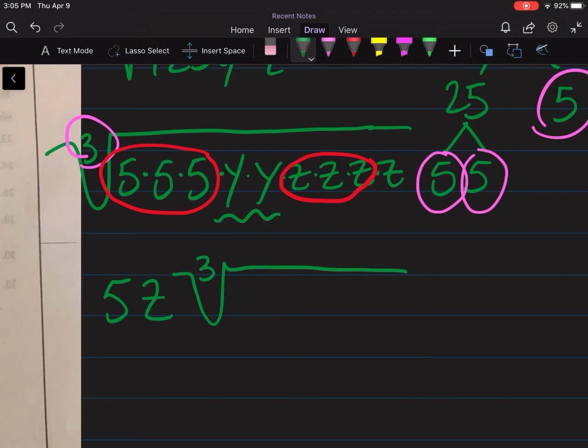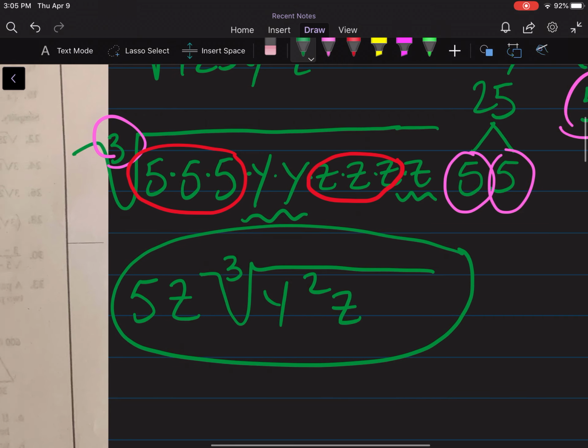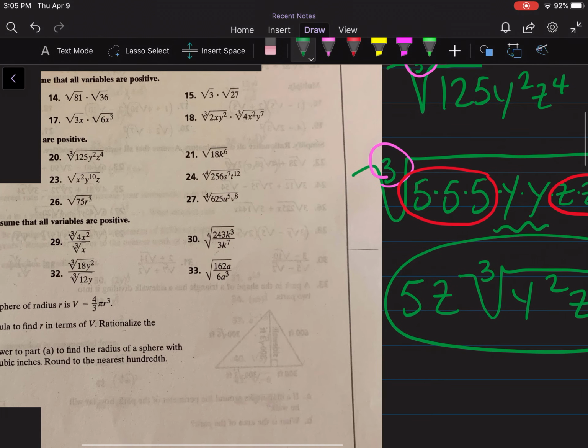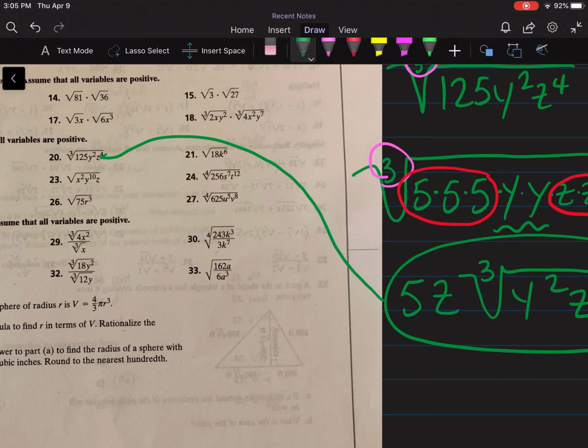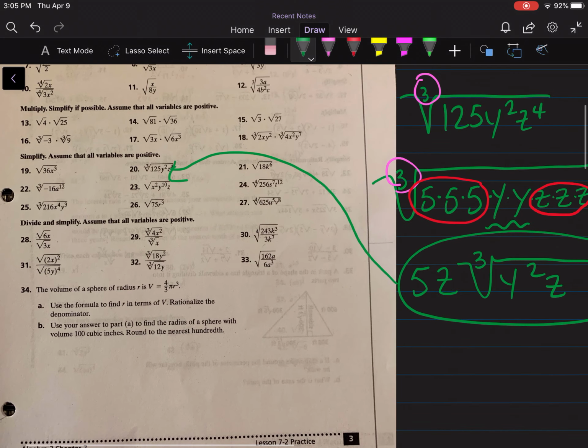So I have 2 Ys left, so I'm going to do Y squared. And I have 1 Z left, and that is my 1 Z. So that goes to number 20. So that's a practice one with your 3 there. And you have 22 and 25 with the 3s there. Same principles for those two.